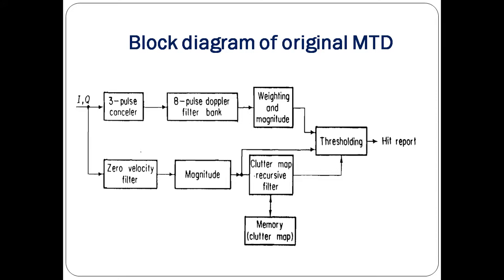It may be from the desired moving target, or from the stationary clutter, or some of the echoes may correspond to moving clutter. So this 8 pulse Doppler filter bank is designed in such a way that it will allow only the desired moving targets, and it will easily eliminate the moving clutter echoes.